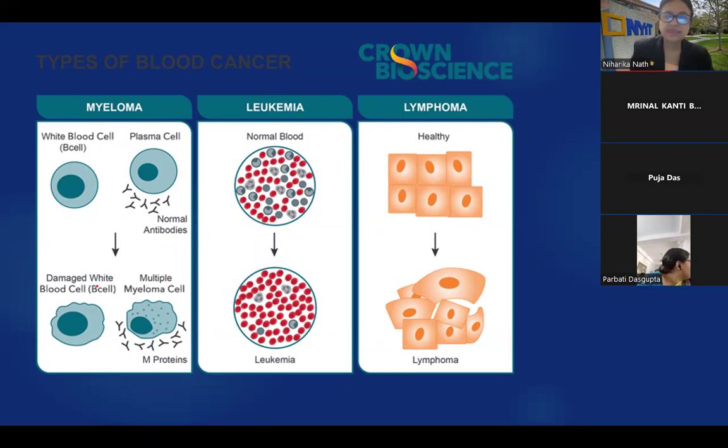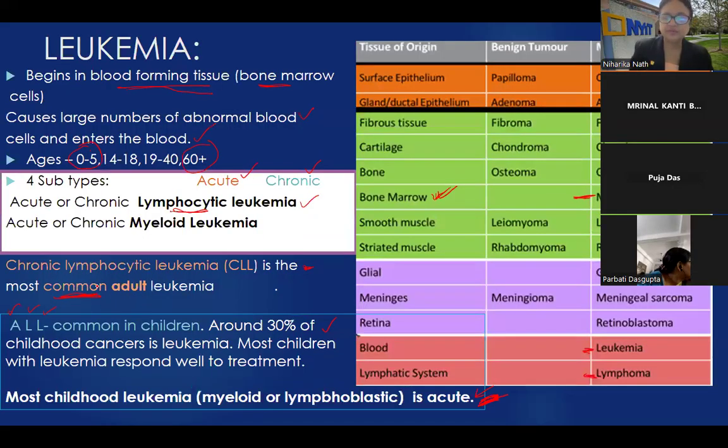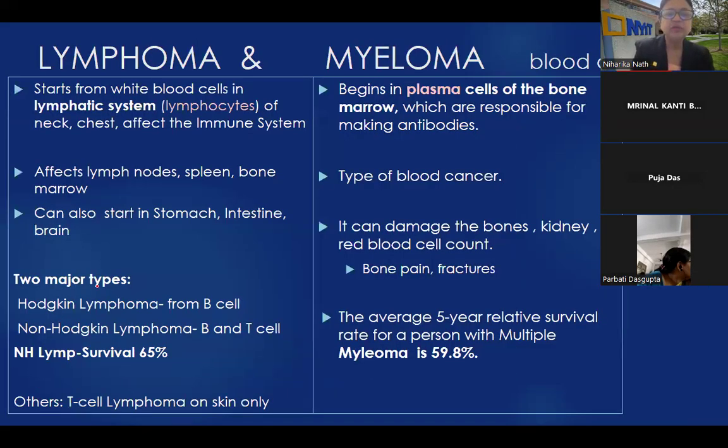That's what happens. So this myeloma, in which you cannot make proper antibodies anymore, that's its job to make those right antibodies. You have these plasma cells that just don't function properly, and therefore it's a blood cancer.